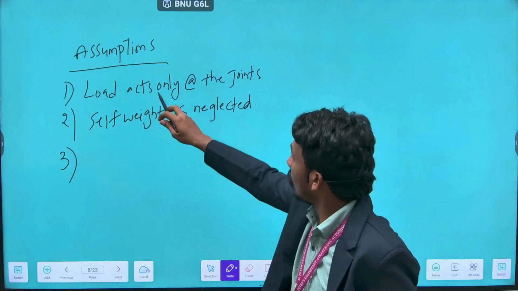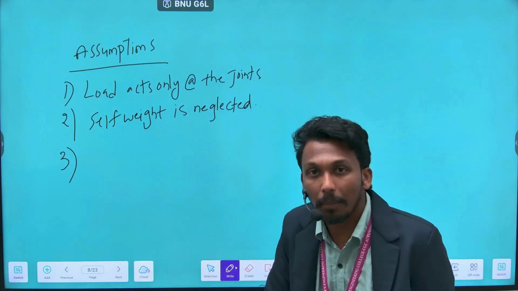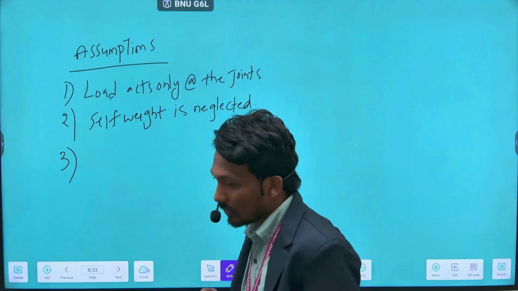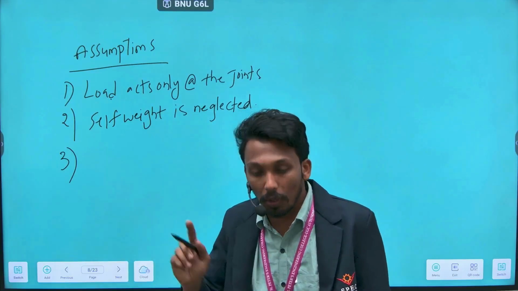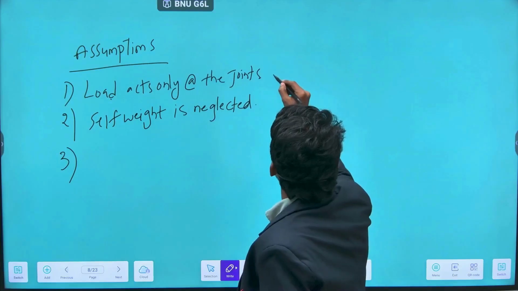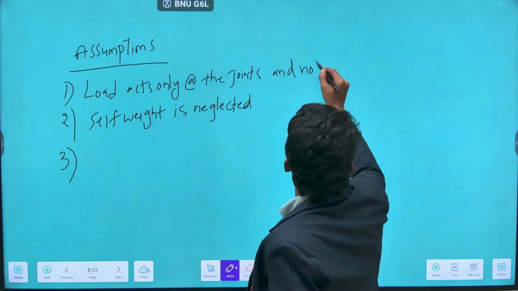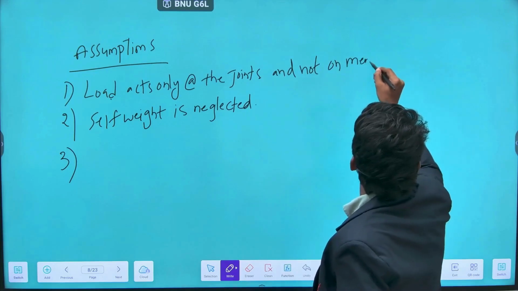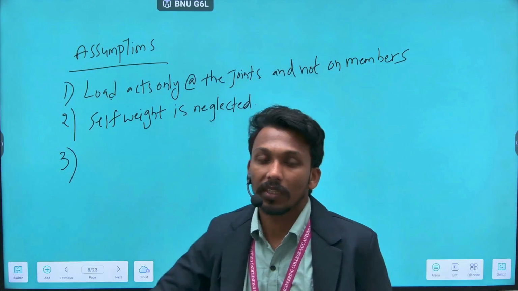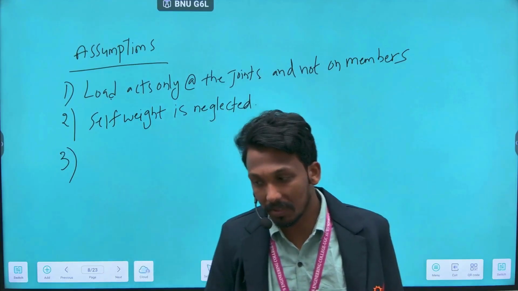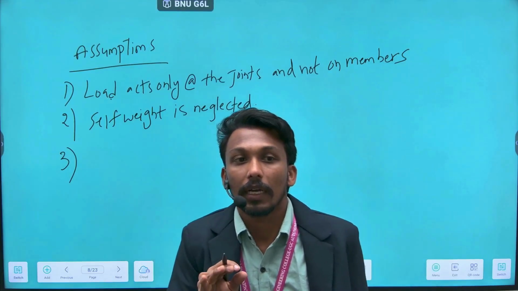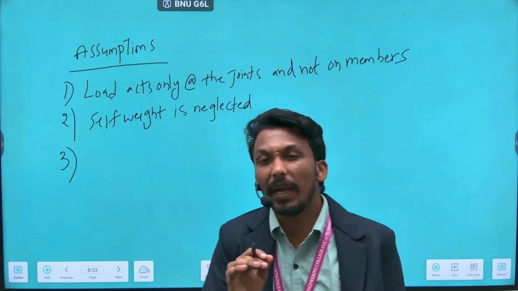Now let us understand why these assumptions are made. Load acts only at the joints, and not on members. So there is no load acting on the members. When the load is not acting on the members, there is no question of shear and bending.